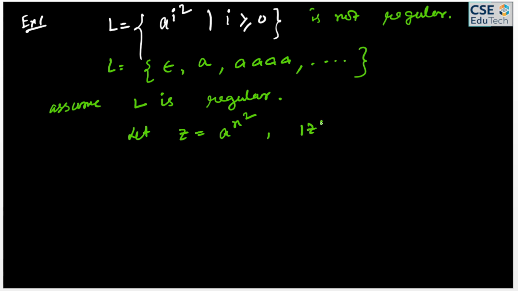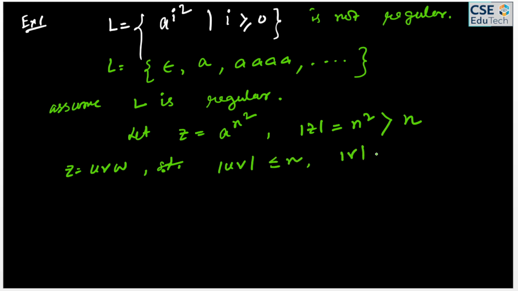So the length of the string, which is n square, is obviously greater than n, the number of states of the DFA. So the first condition is satisfied. Now z can be written as uvw such that the length of uv is less than or equal to n, and the length of v alone is greater than 0, or greater than or equal to 1.